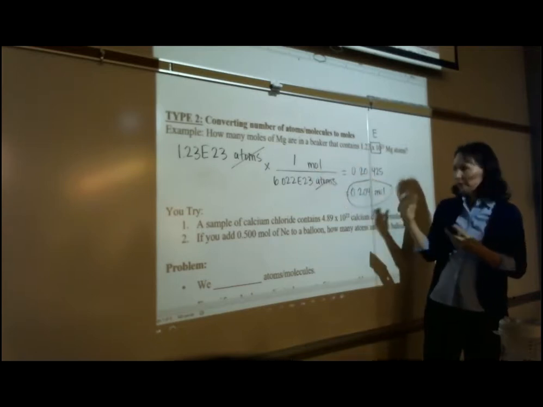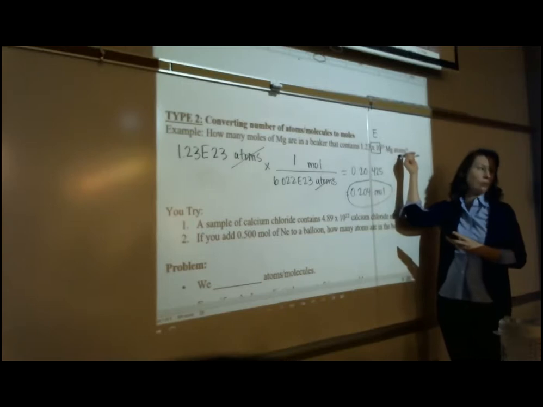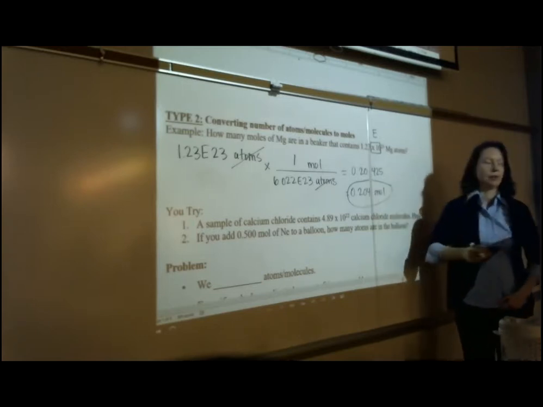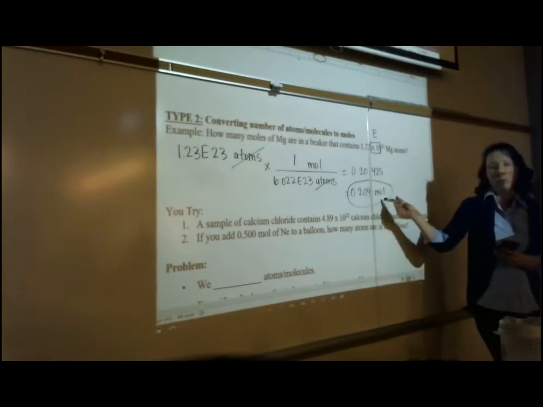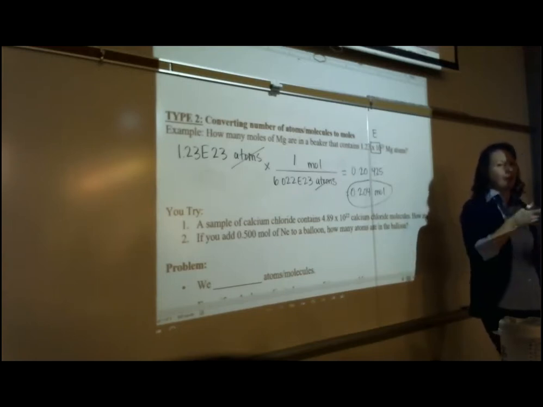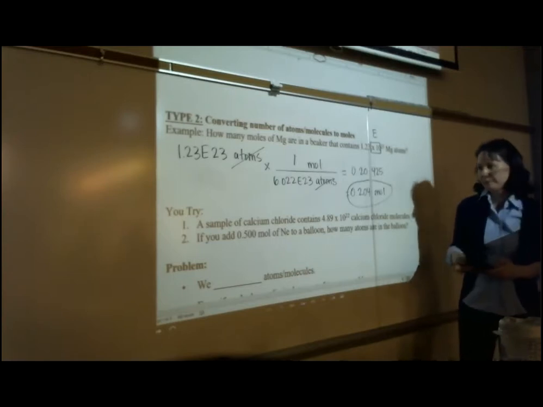You should only get huge exponents when you're calculating number of atoms or number of molecules. So always ask yourself if your answer makes sense. If you've got some humongous exponent and it's going with number of moles, you've done something backwards. Likewise, if you're calculating number of atoms and you get 0.1, that doesn't make sense either, because when you calculate number of atoms or molecules, you should get a gigantic answer.